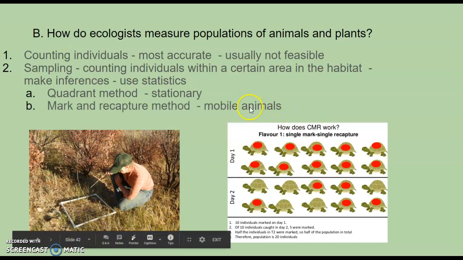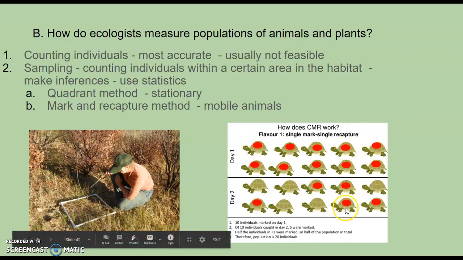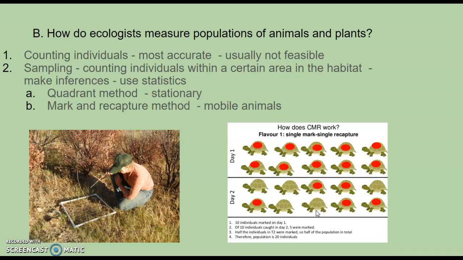For animals, it's a little hard to do that, right? Because they can move in and out of this quadrant. So this mark and recapture method is used quite often to figure out the population density of animals. So if I was to take a sample and I marked some of them, the next time I took a sample, I would compare my ratios of how many animals are marked compared to how many animals were not marked.